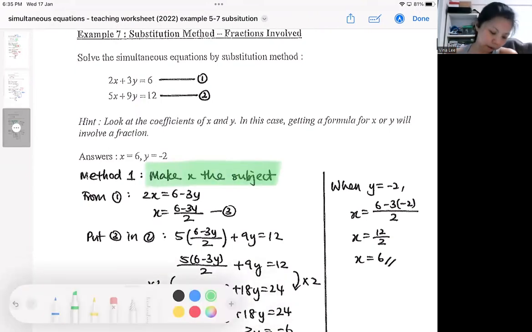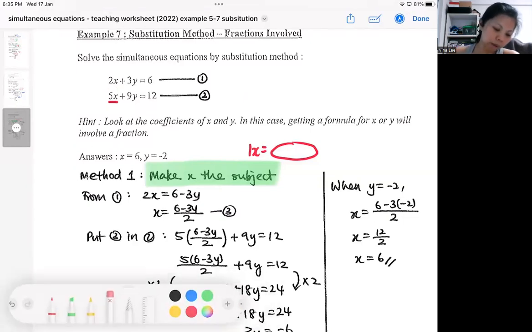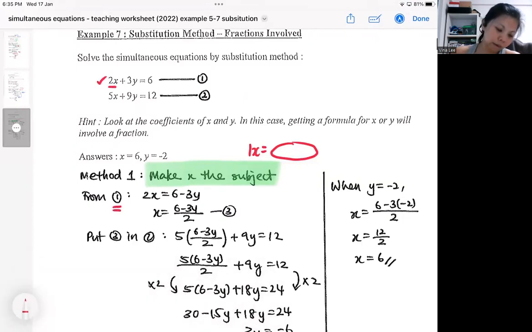That means you will get 1x as the formula. Now, this 1x can come from either equation 1 or equation 2. It doesn't matter. What I'm showing is that my x comes from equation 1.